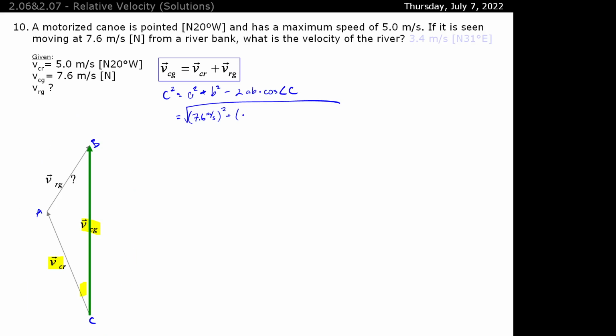So b is 5.0 meters per second, and yeah, that's why you have given 2, all right? So we can cross-reference everything. Squared minus 2 times 7.6 meters per second times 5.0 meters per second, close bracket, times the cosine of angle C, which is north 20 degrees towards the west. So cosine of 20 degrees.